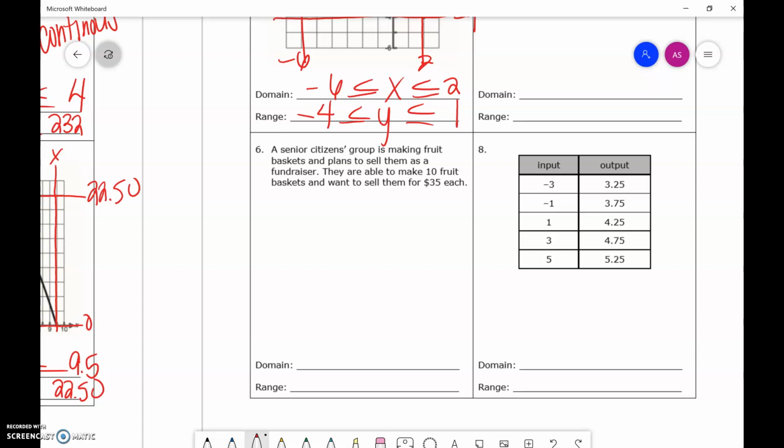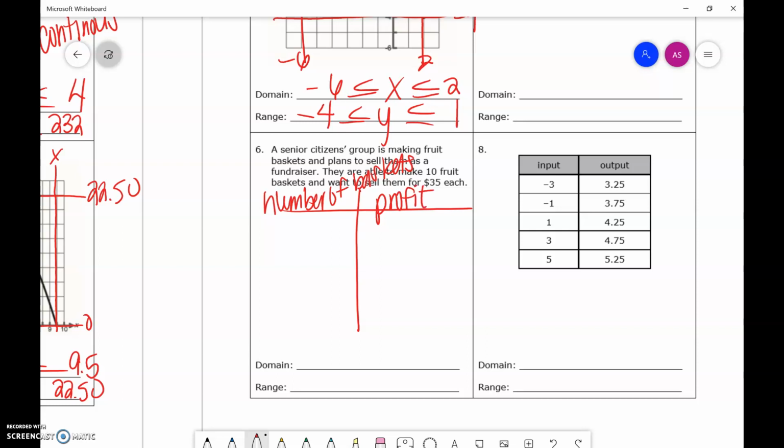So let's make a table. X will represent our number of baskets. And depending on the number of baskets they sell, that will represent their profit or the money that they made.